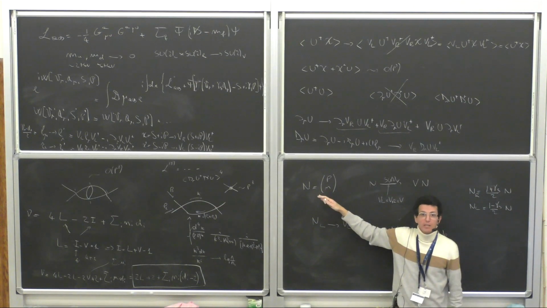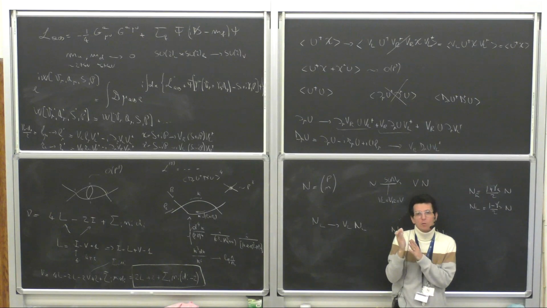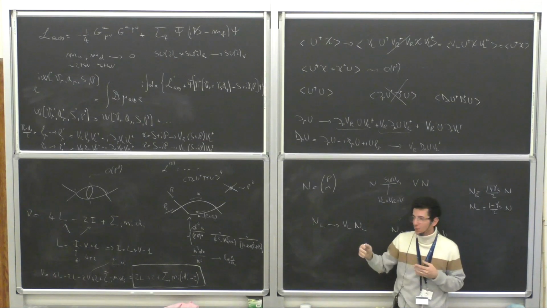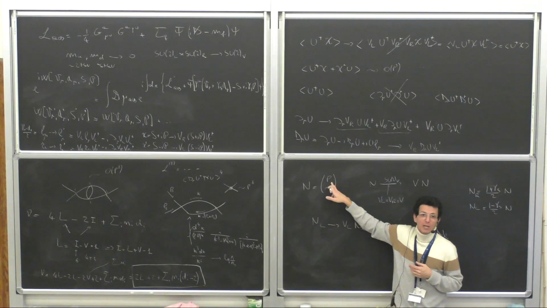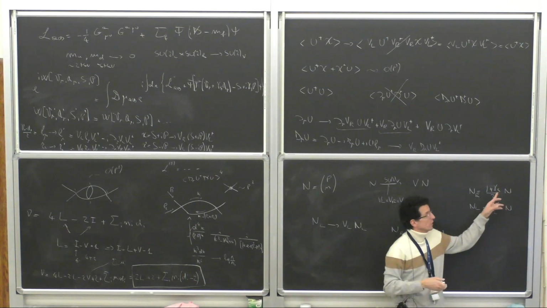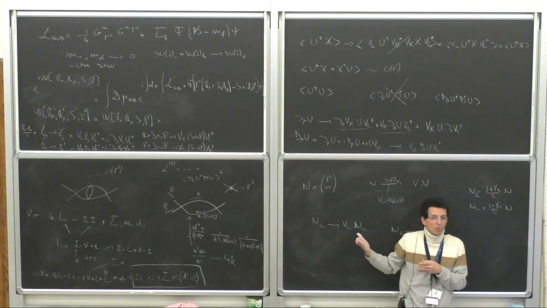N here is a 2-vector in isospin space, but there are more spaces in this game, no? Because proton and neutron are also Dirac fields, okay? So they carry Dirac indices on which the gamma 5 transformations act.